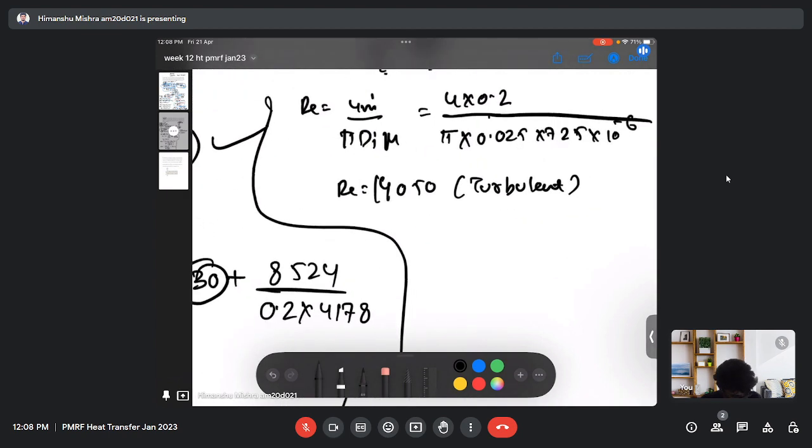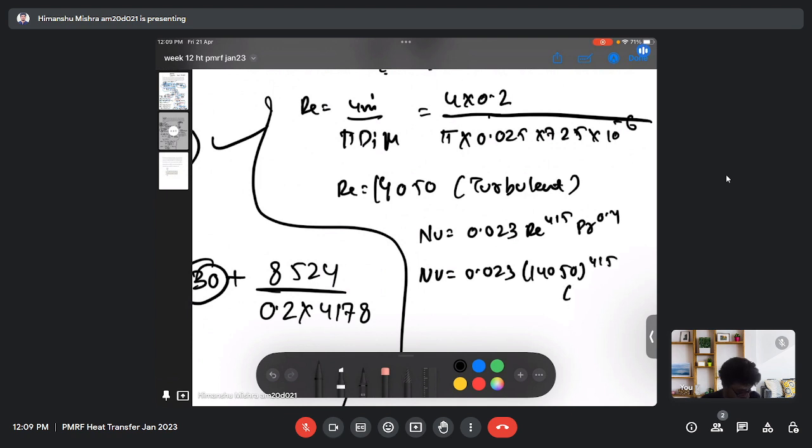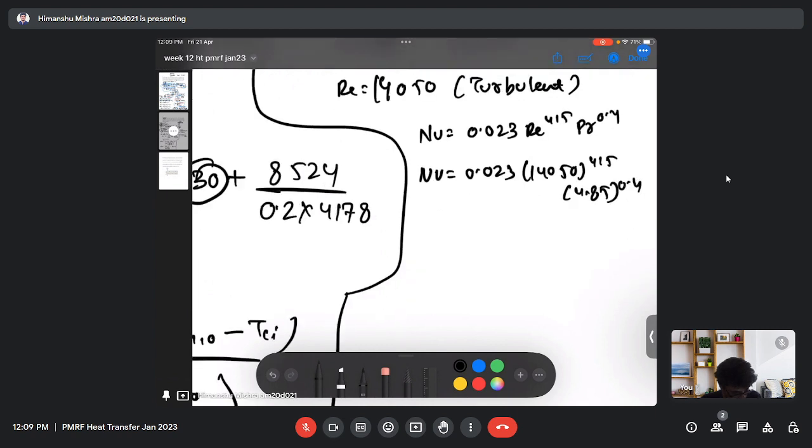So for turbulent flow, we know how to calculate the Nusselt number by using the correlation. My Nusselt number, we just need to plug in values. My Prandtl number of water is 4.85. So my Nusselt number is 90. Then I can use my Nusselt number correlation generally.